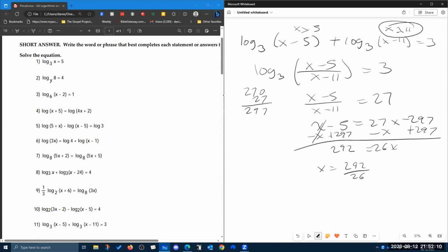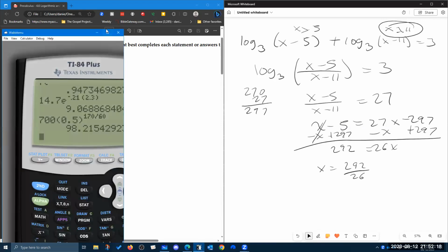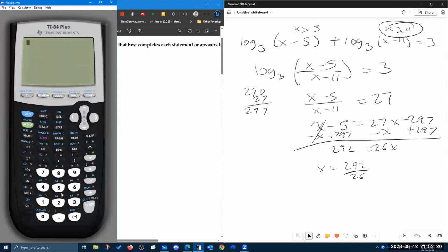It's a number that's a little bit, I don't think that's big enough. Let's check it out. 292 divided by 26. Oh, just big enough.